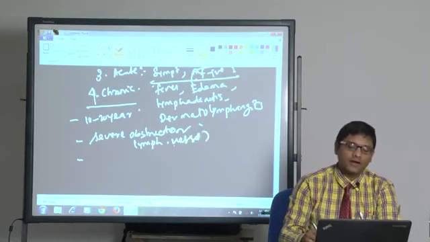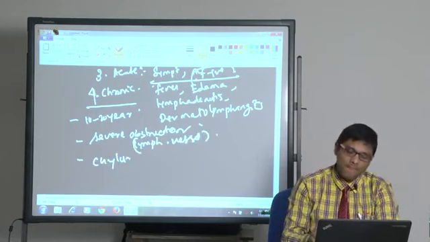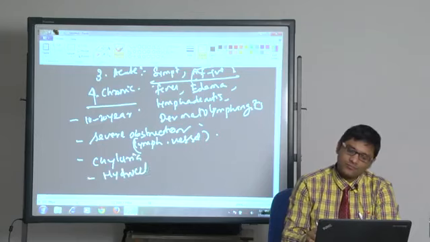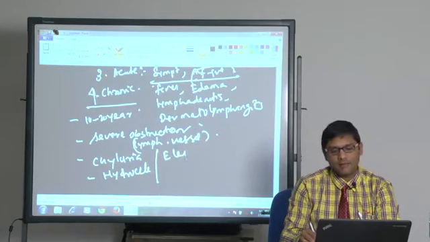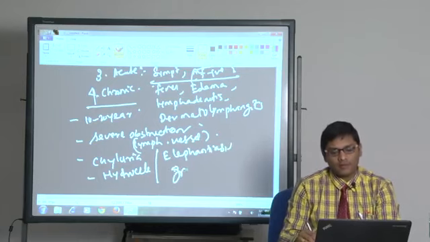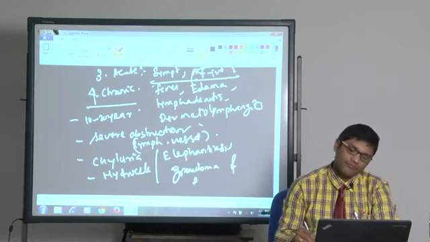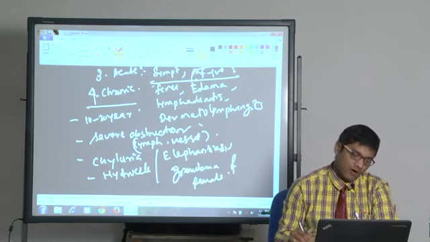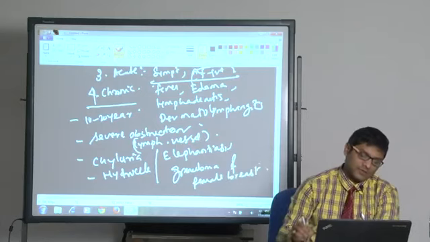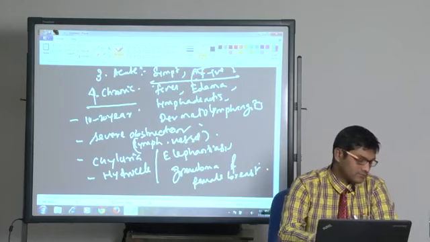The occlusion of the lymphatic vessels leads to various manifestations like chyluria, hydrocele, elephantiasis, granuloma of the female breast. All these are specific manifestations of chronic filariasis.